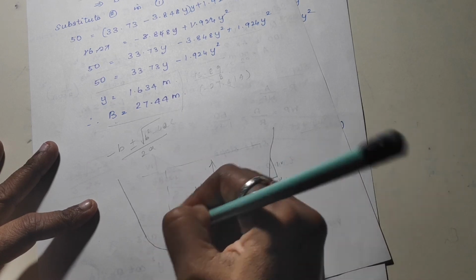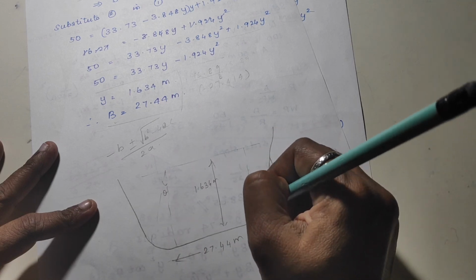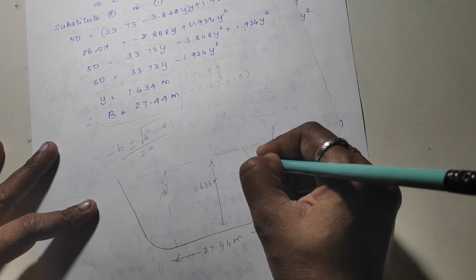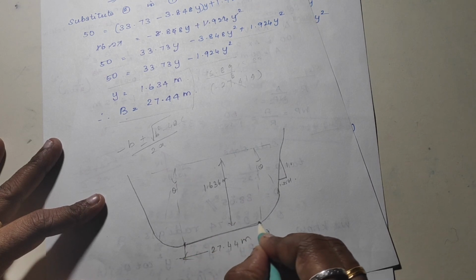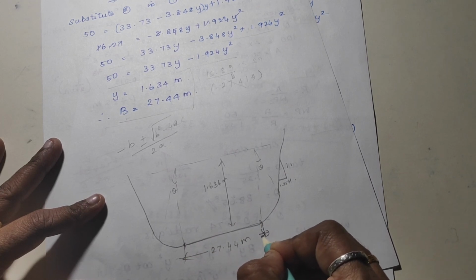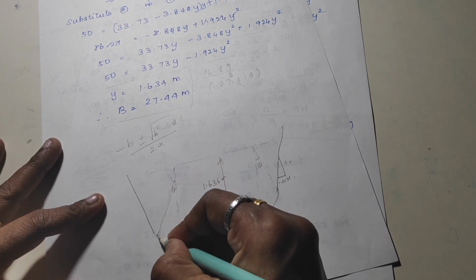Okay, and like this is your theta value. Okay, from this point to this point here is your horizontal value. Okay, this portion is curved.